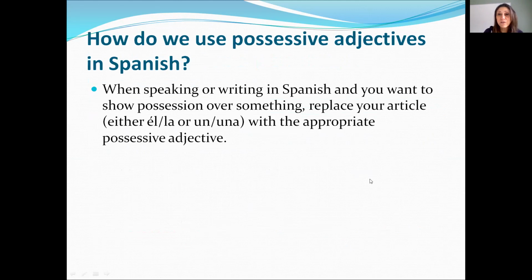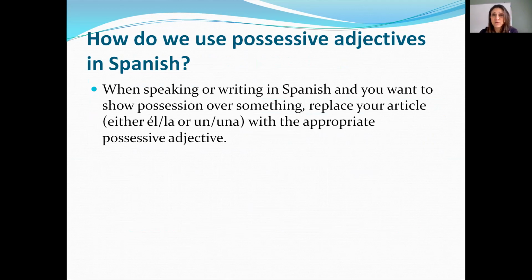All right, so how do you use possessive adjectives in Spanish? Well, when we're speaking, as we noted earlier, you want to show possession over something, you just replace the article, el or la, un or una, with the appropriate possessive adjective, depending on the form you need, and whether the noun is singular or plural.